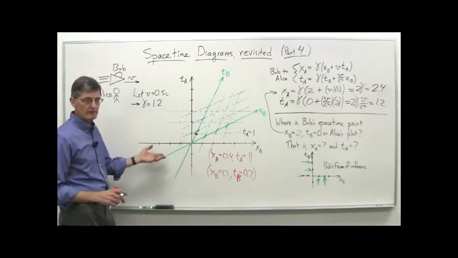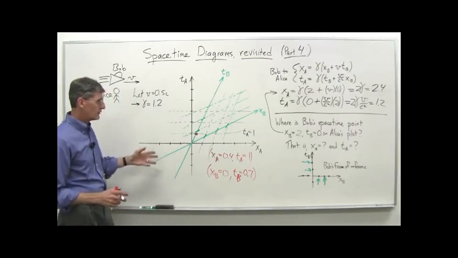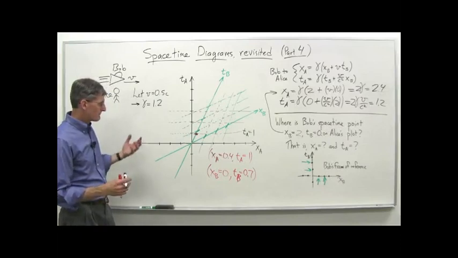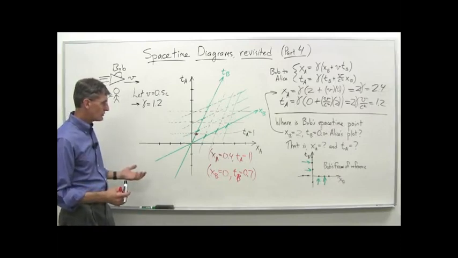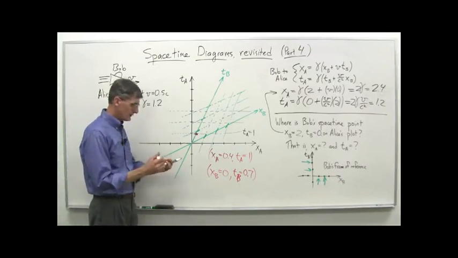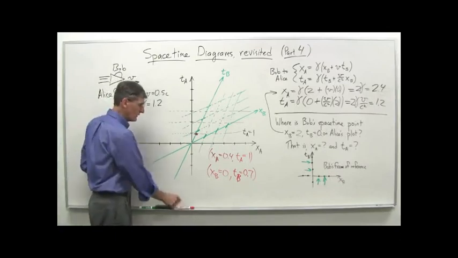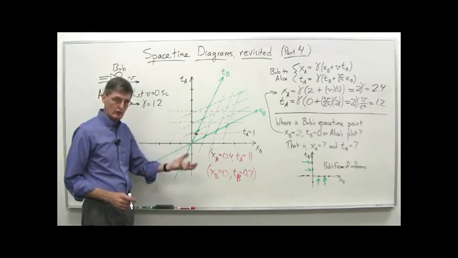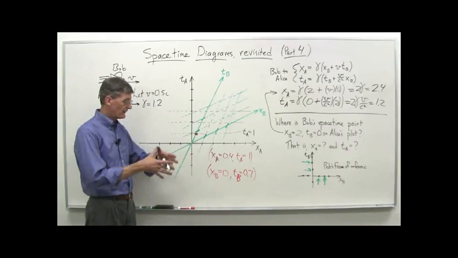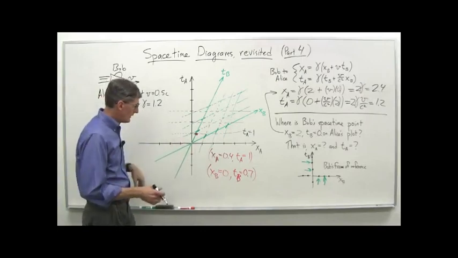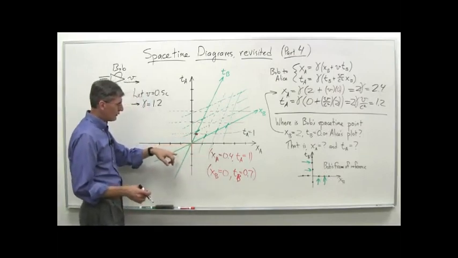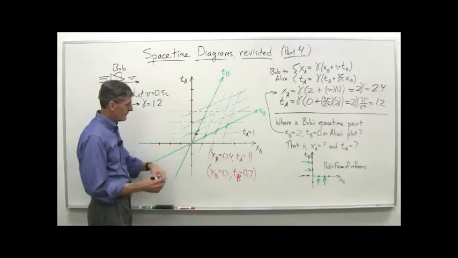And it's a little harder to see on this plot, but you can also see length contraction, okay, because a given length is going to be shorter to Alice than to Bob. So let's see if we can just get a feel for that. You see that a given length is going to be shorter for Alice compared to Bob. The proper length in Bob's frame of reference, say for his spaceship. So let's look at this and see, well, what is length here?